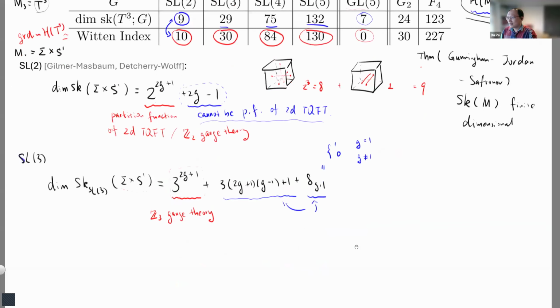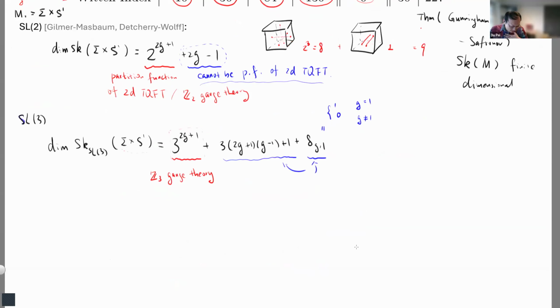I was looking at this problem probably more than 5 years ago, when first learning about this formula from Gregor Masbaum's talk. At that moment, I had some vague understanding of how to do this, but I could never fully get the connection with physics.